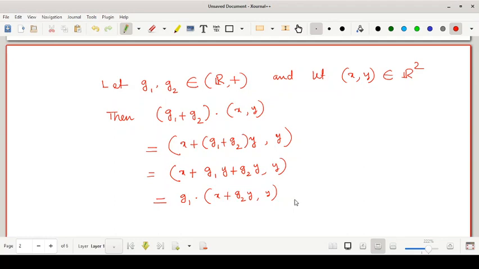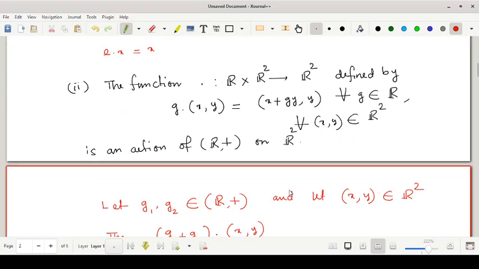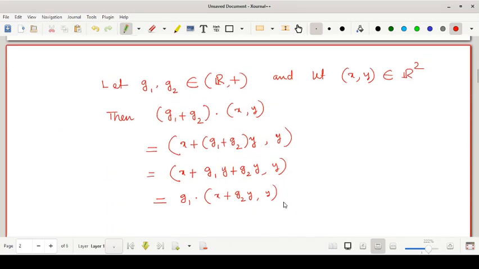Correct? This is possible because your g will be multiplied with the second coordinate and it will be added to the first coordinate.